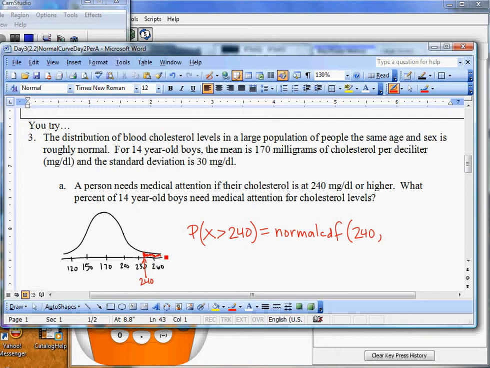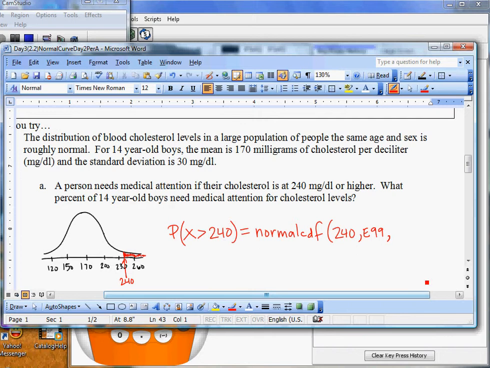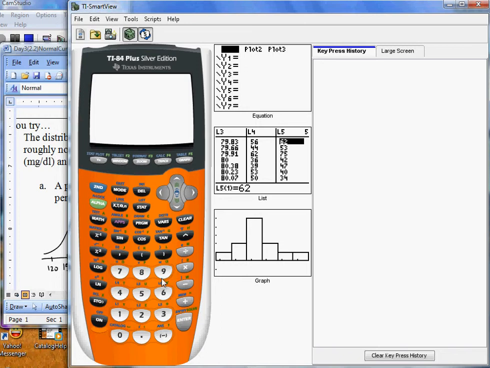My upper bound, since this continues on, goes toward infinity, which we write as E99. My mean of the normal curve, which is 170, and then the standard deviation, which here is 30. I type this into my calculator, and it gives me the area under the curve.